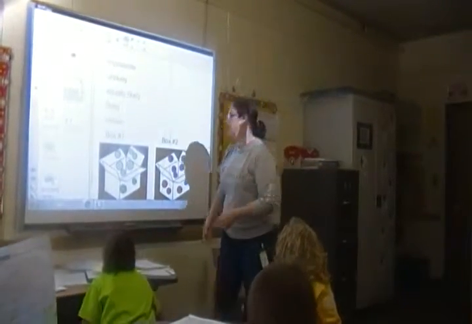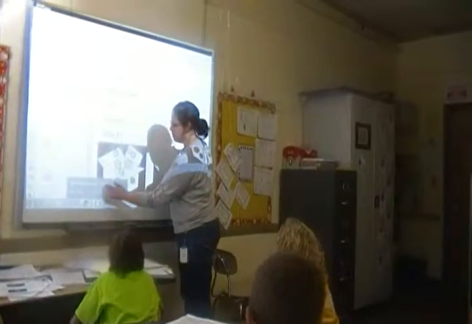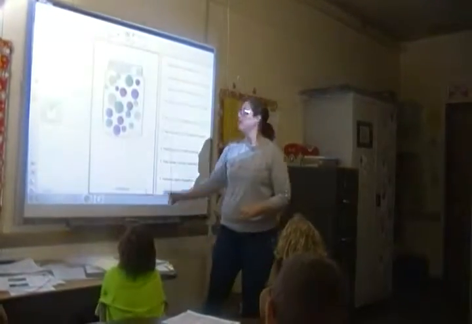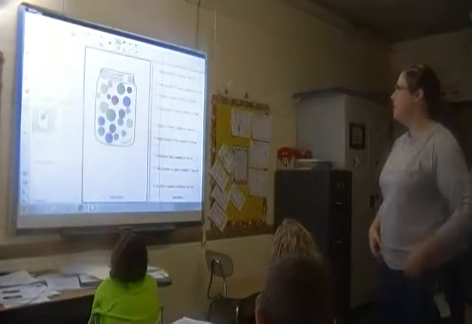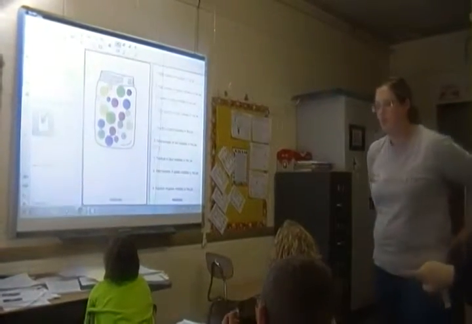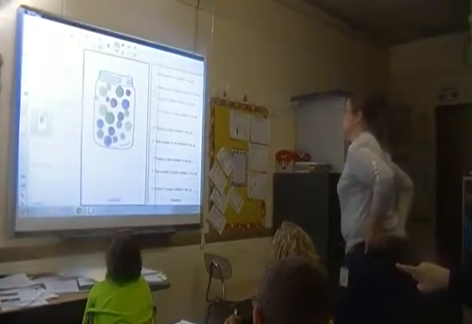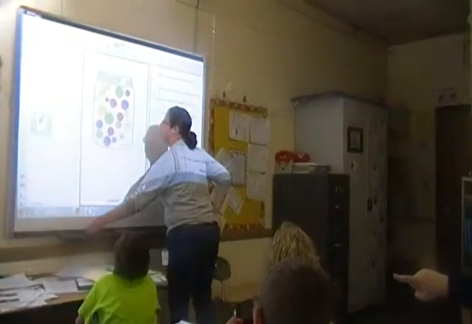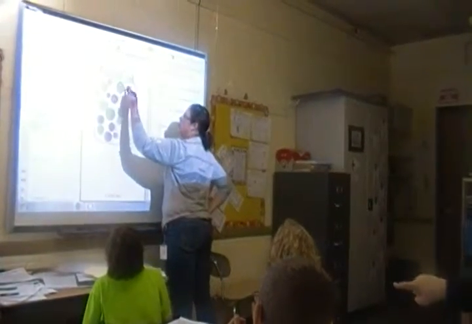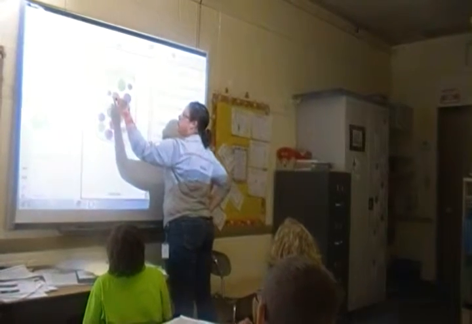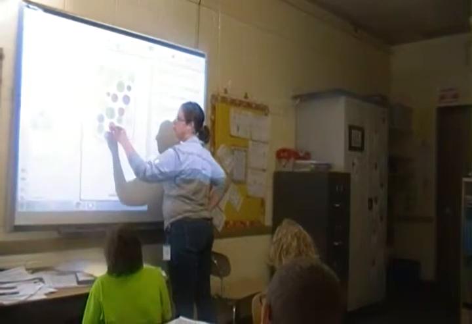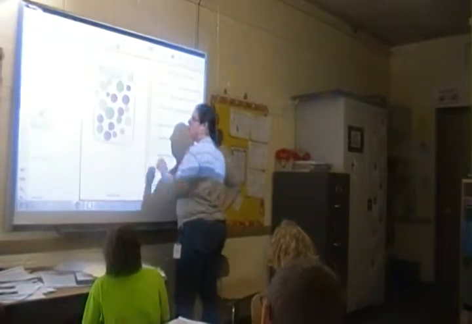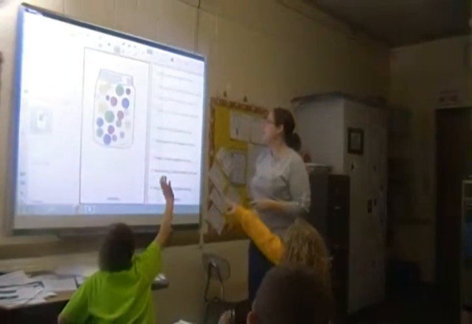Okay? Let's look at some probability questions. What's number 8? We have a jar with marbles. Take a minute to count how many marbles are in that jar. Victoria, how many marbles?